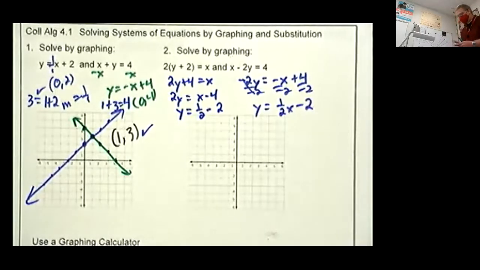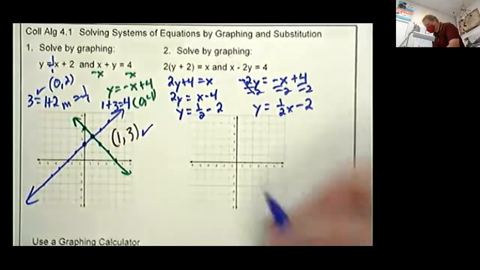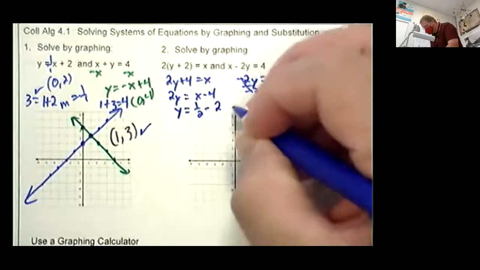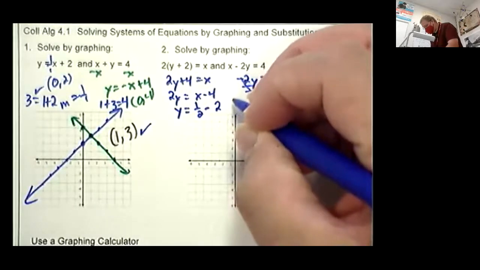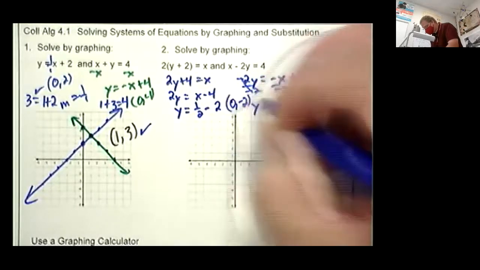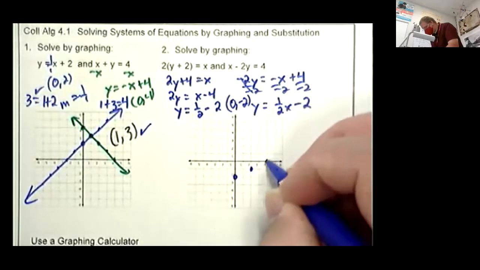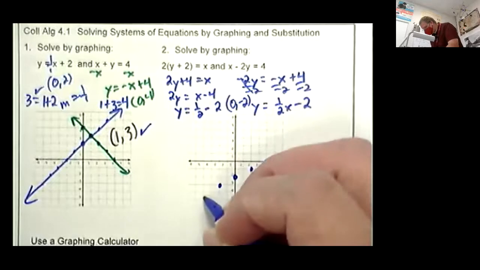And what do you notice? Well, what happens here is we actually get two lines, but they're the same line. So again, our y-intercept is (0, negative 2). Our slope is 1/2, so we're going up 1, right 2, down 1, left 2.